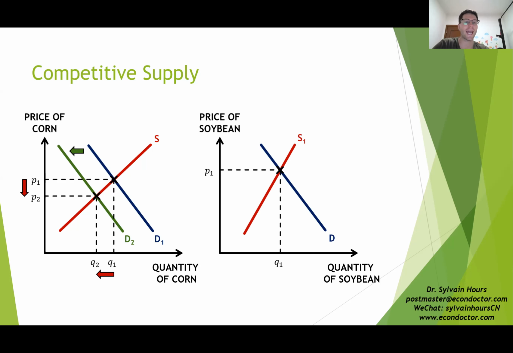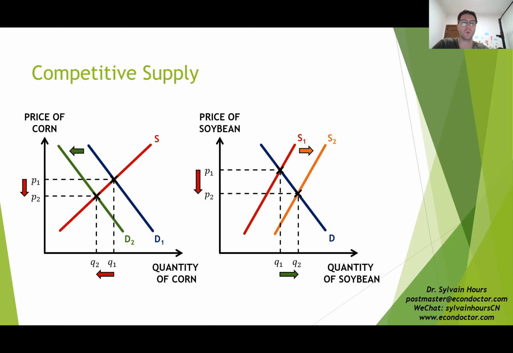So the output of corn is going to decrease from Q1 to Q2. You are going to use fewer resources to produce corn, and therefore you will have more resources available to produce soybean. The soybean has become relatively more profitable to produce, and this is represented by an increase in supply. You are more able and willing to produce soybean because of the decrease in the price of corn.